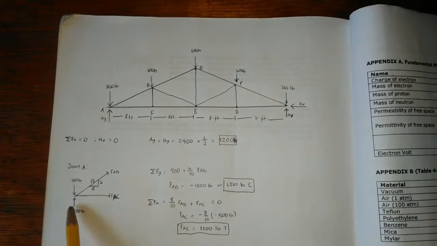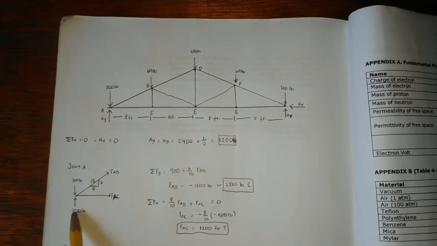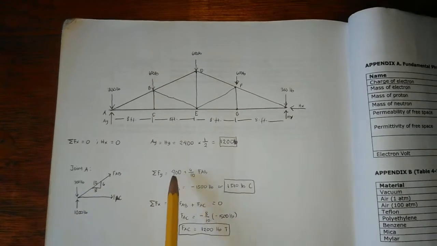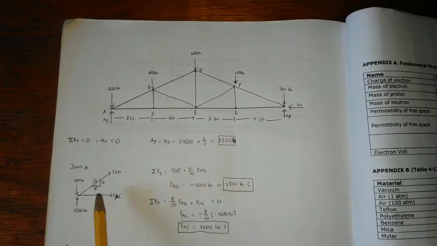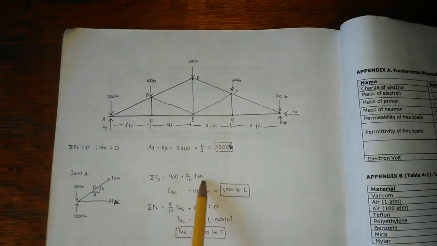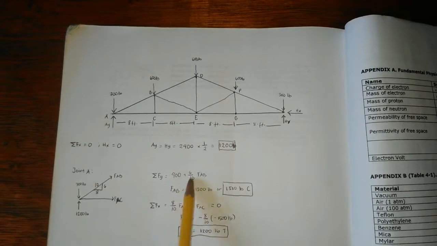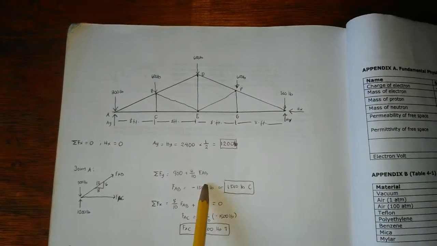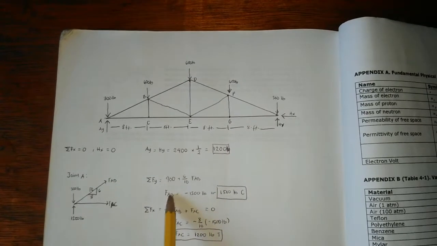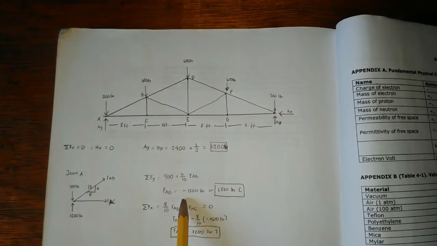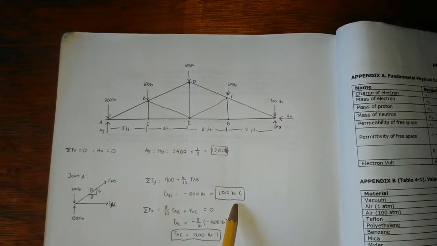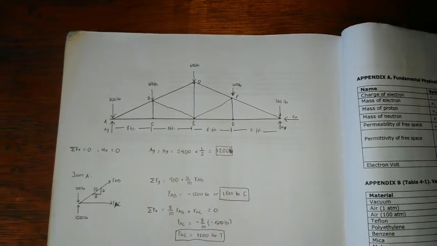So 1,200 pounds minus 300 pounds is equal to 900, plus 6 over 10 times force of AB. Transpose it to the other side and divide negative 900 by 6 over 10. So we have negative 1,500 pounds, or 1,500 pounds in compression.